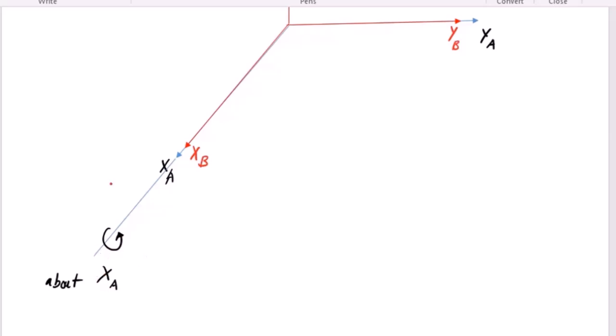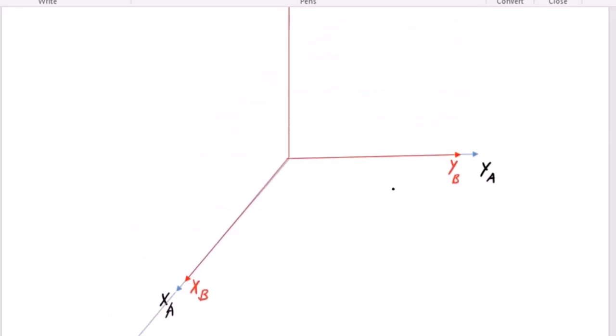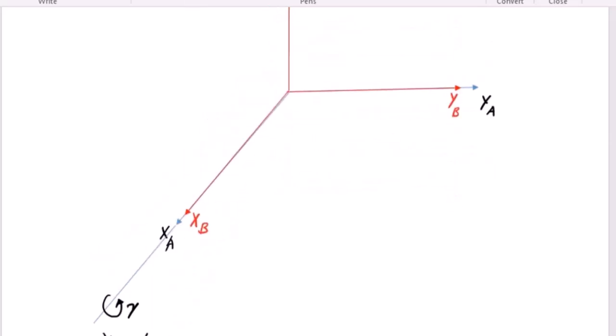So XA at what angle? At an angle gamma. When we rotate that one, we use the positive direction. Your XB remains XB, the first prime. We are looking at the first prime.